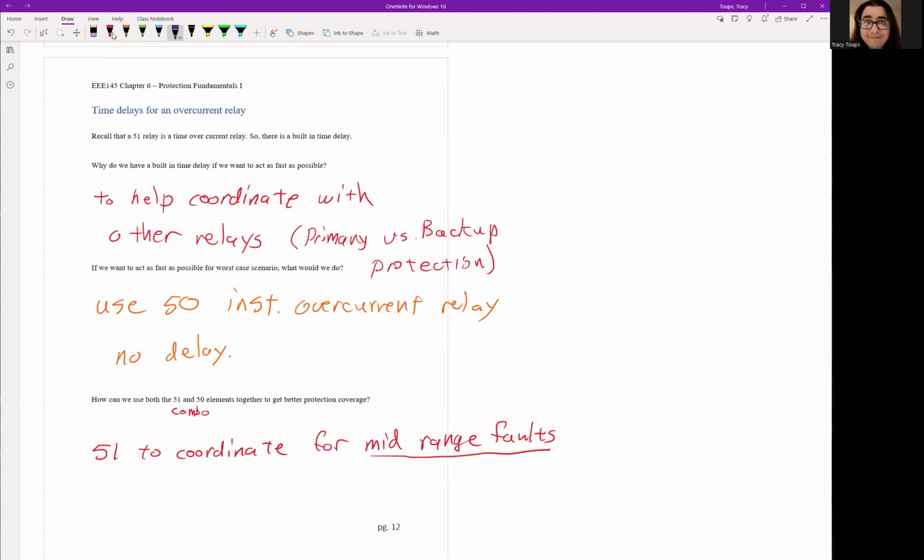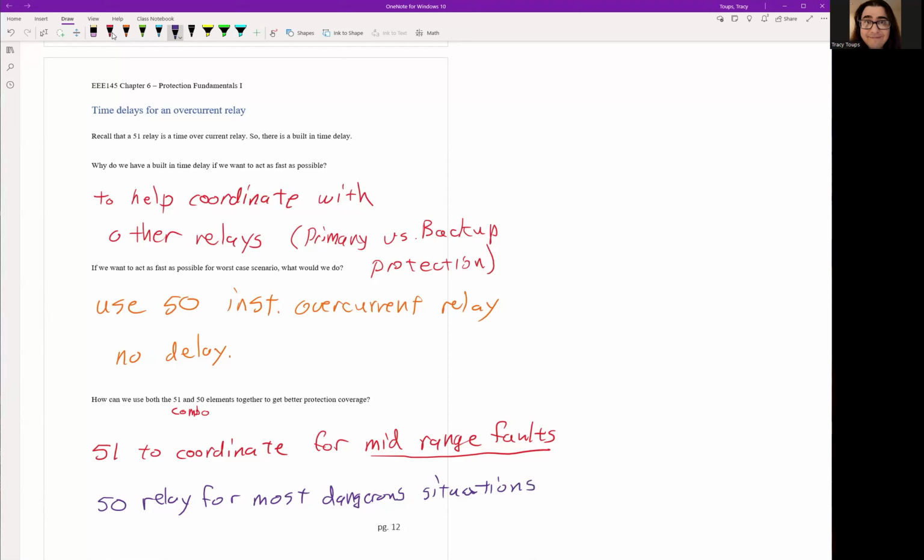If we go to the maximum range, we need to make sure we use a 50 relay, because these are the most dangerous situations.